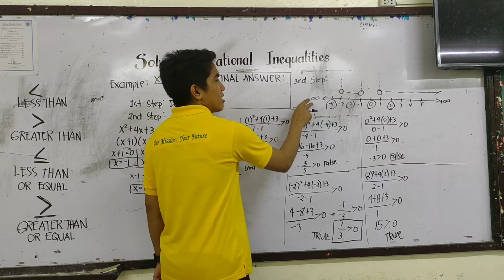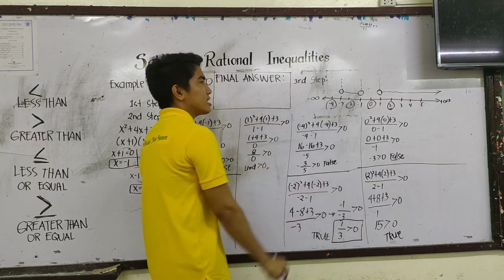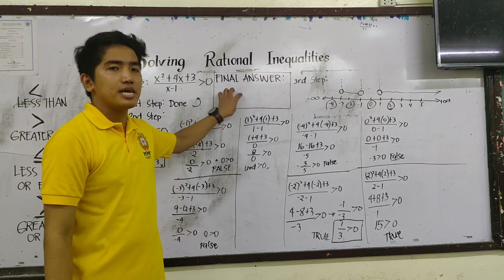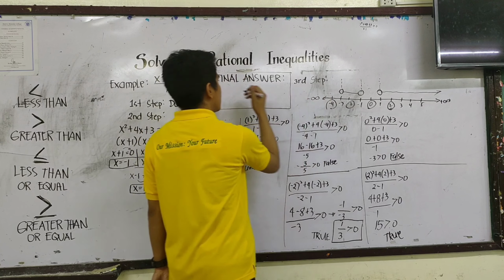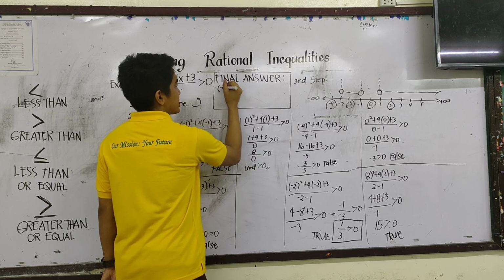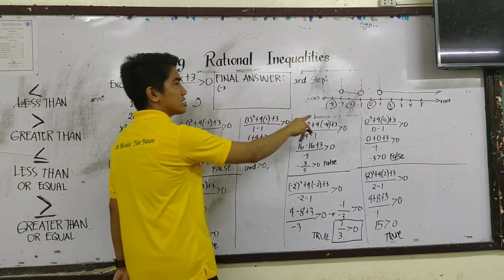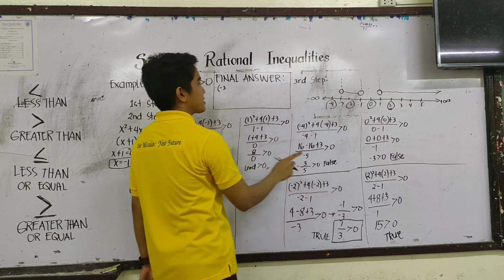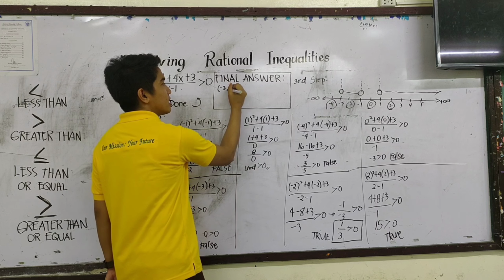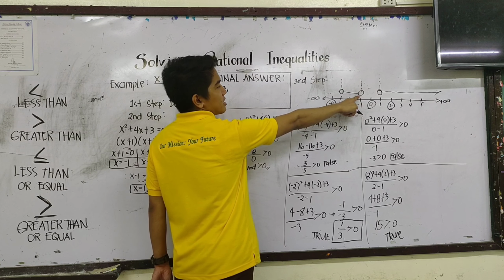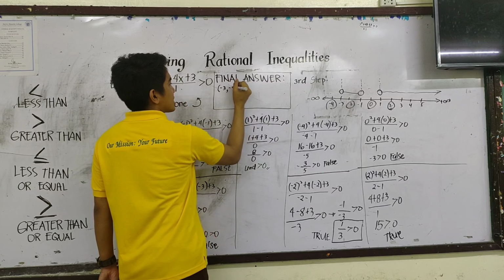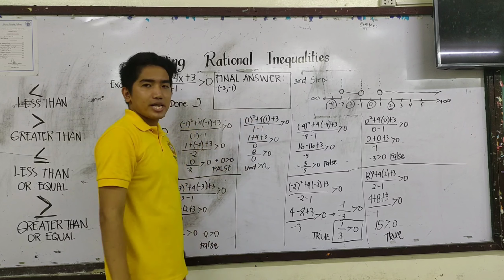So, from the number line, titignan natin kung paano mabubuo yung interval notation. So, we have the negative 3. Parenthesis siya. Bakit siya parenthesis? Because it is an open circle. So, we have negative 3, comma, then negative 1, open na naman siya.